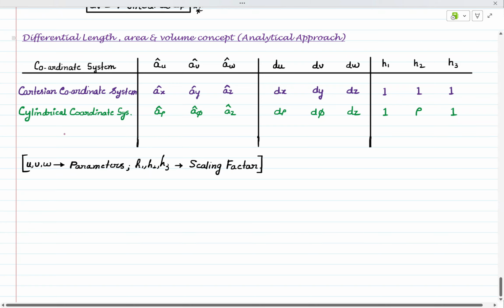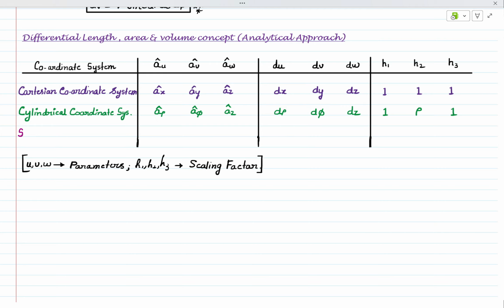The third type of coordinate system is the spherical coordinate system. That is also called the r theta phi coordinate system. That's why the unit vectors are a_r, a_theta, and a_phi.